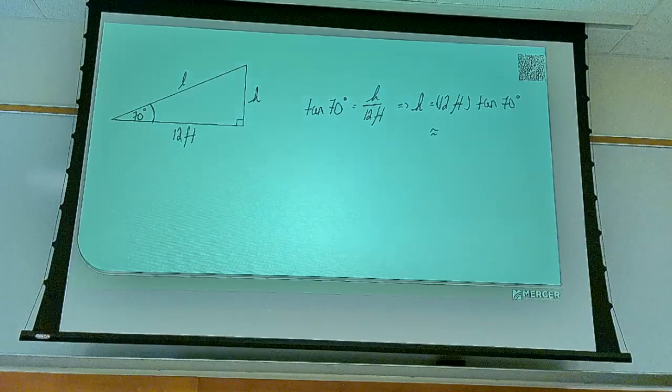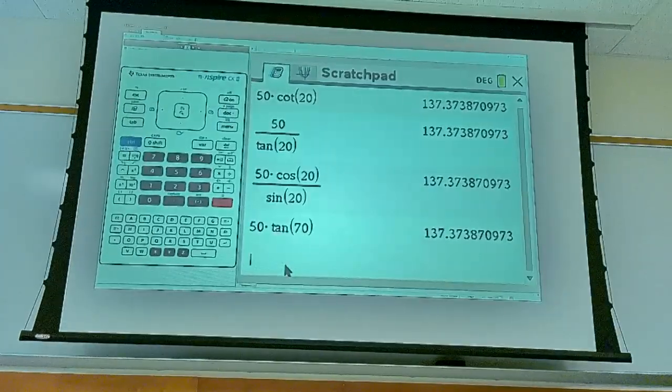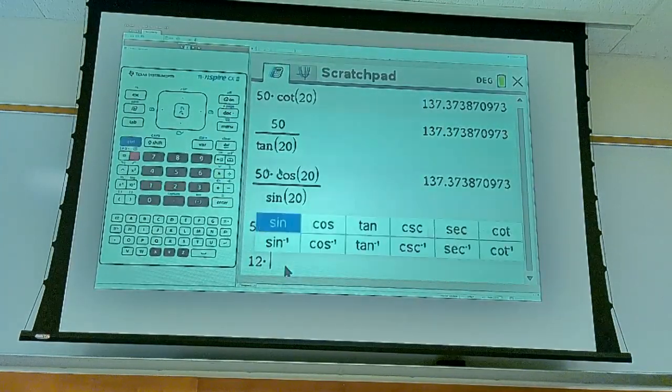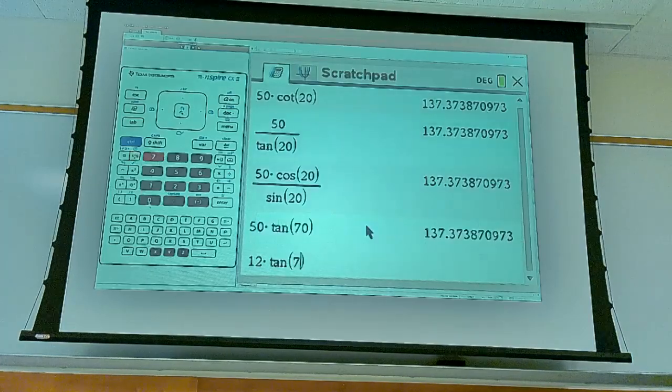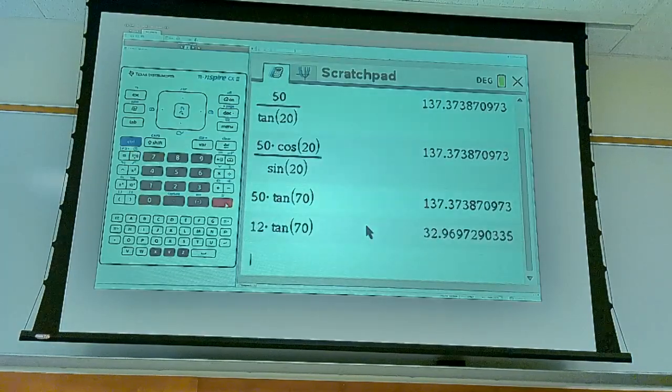Again, we're only going to have one sig fig because of the 70 degrees. So that's 30 feet.